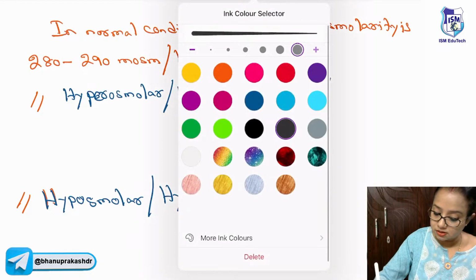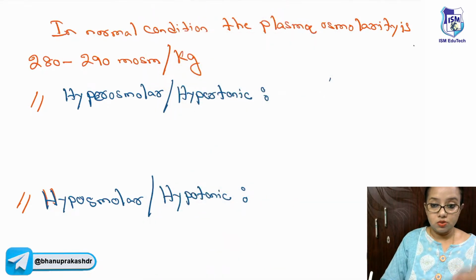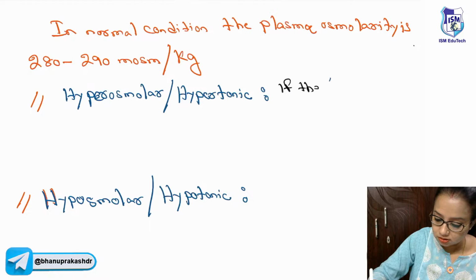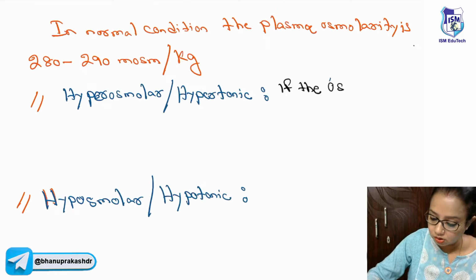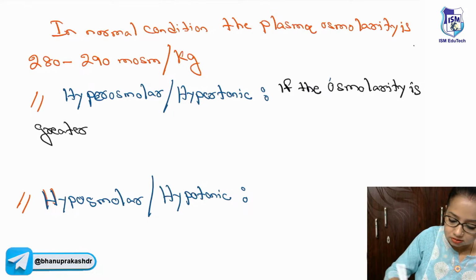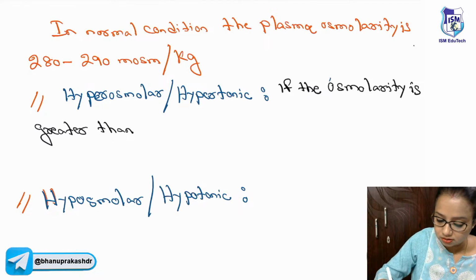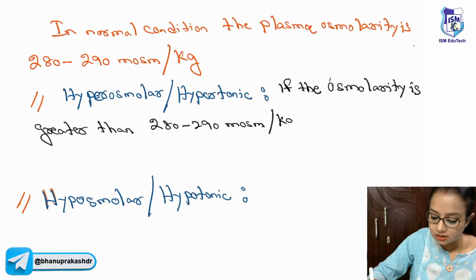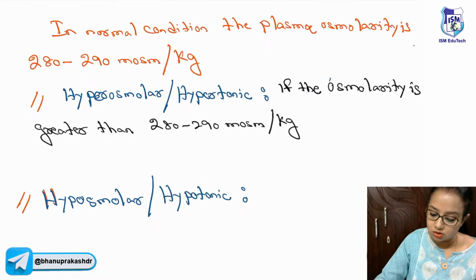Any solution which is not inside the body but has to be infused or has to be compared to the plasma, when the osmolarity is greater than 280 to 290 milliosmol per kg of plasma, any solution whose osmolarity is greater than the normal osmolarity of the body, we call it hyperosmolar or hypertonic.